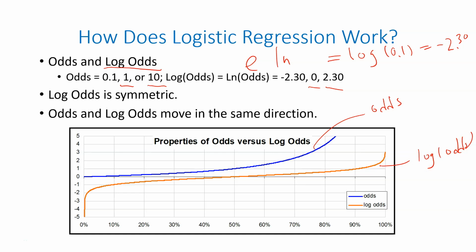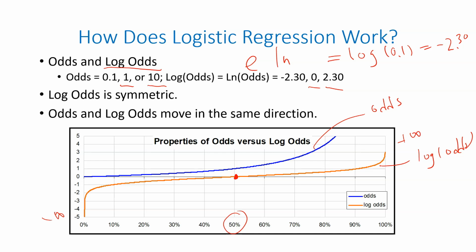One thing you will notice is that log odds is symmetric. The values range from negative infinity to positive infinity. And the dividing point is where log odds equal 0, which is also the midpoint for probability, 50%.